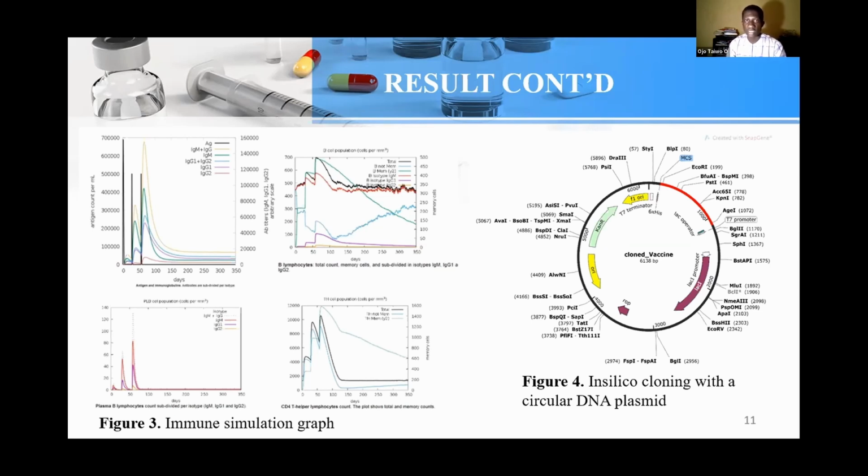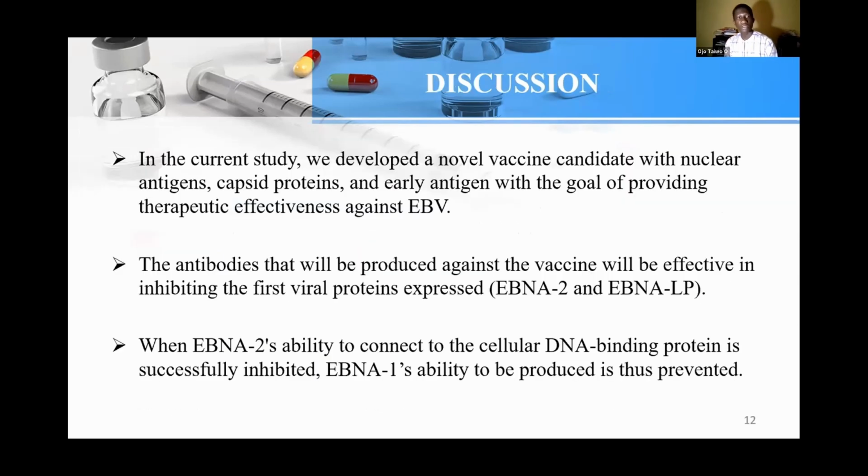Before this, we back translated the protein, which is the vaccine, into nucleotide form using E. coli as an expression vector. So we made use of the E. coli expression mechanism to back translate the protein into nucleotide before incorporating it into a DNA plasmid for in silico cloning.